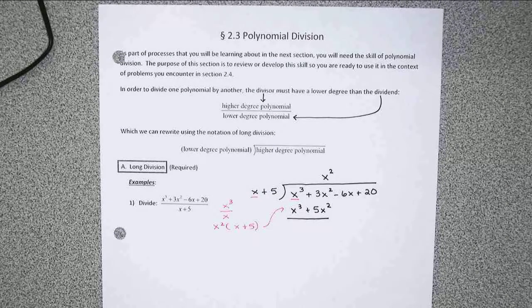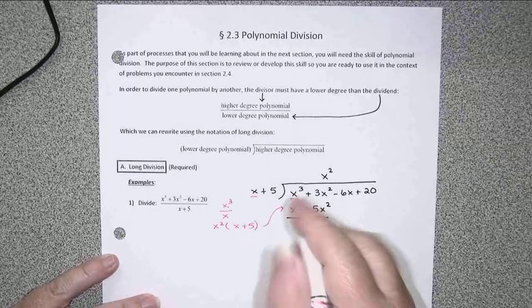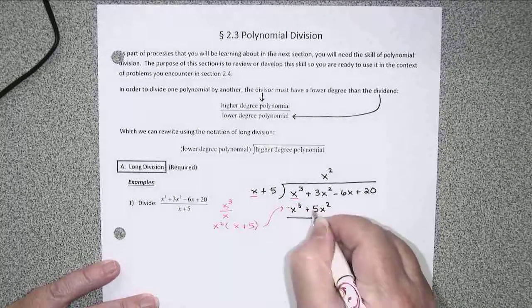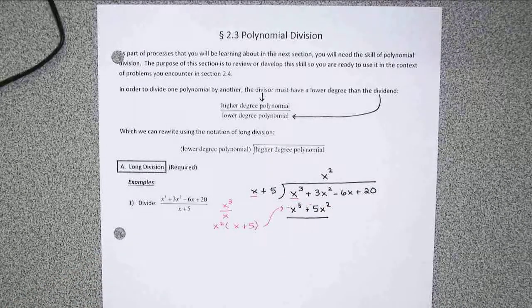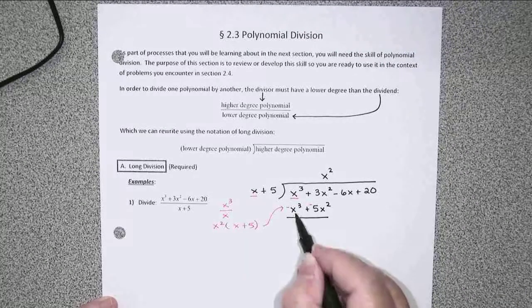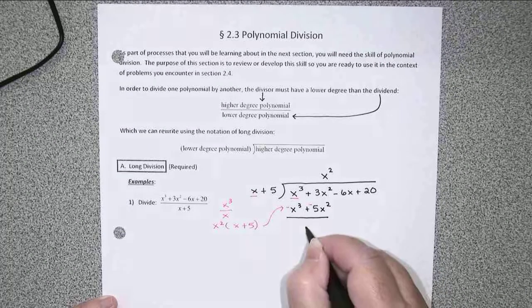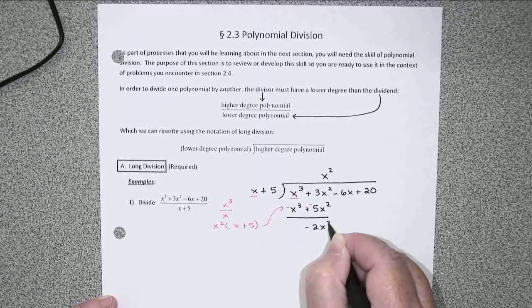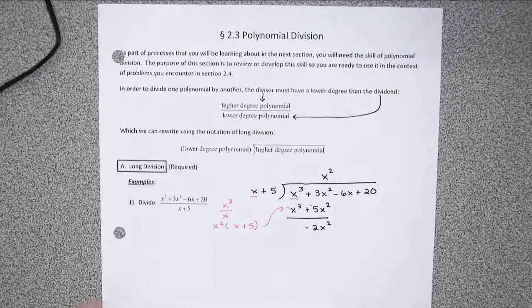When I subtract, this x cubed will turn into a negative, and the 5x squared will also be treated as a negative. I'm basically distributing the minus sign. And I'll get no x cubes left, but negative 2x squareds. That's one complete cycle of the long division process.